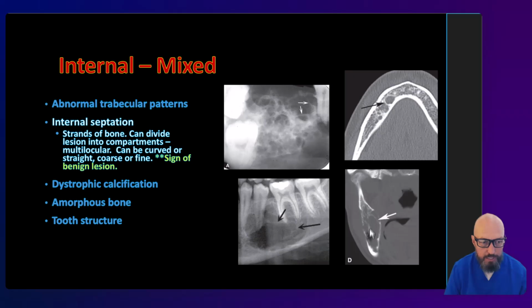When you see these straight septations, where you have kind of these angulations of the compartments, then that's what we call tennis racket pattern or straight septation, and that's more specific for odontogenic myxoma. But again, for this lecture, just worry about description, and you'll see how if you can get an accurate description, it really leads you in some cases to a very accurate diagnosis.